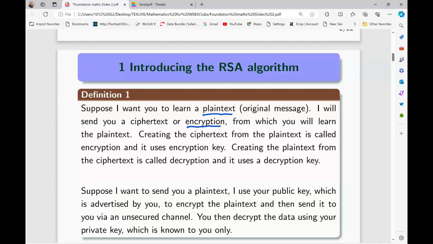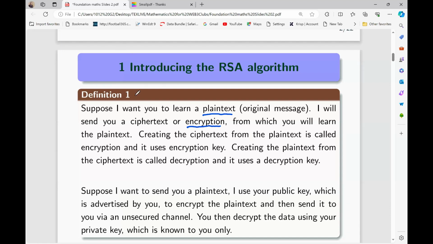For instance, I want to send you a message like, come, we meet at the office. But what I do then is encrypt it so that I just send you digits. It's only you who can know what those digits mean, but any person wanting to know what we communicated may not be able to find out.